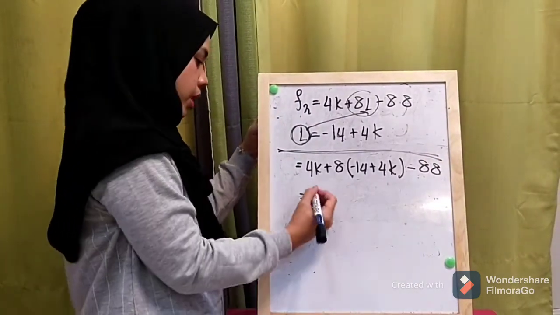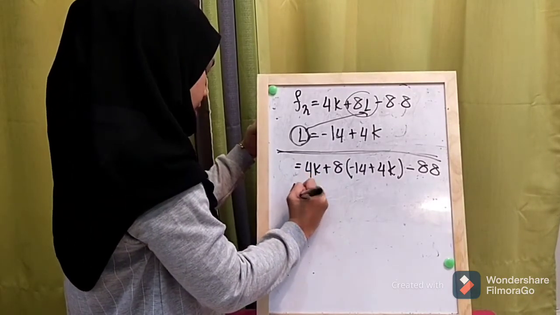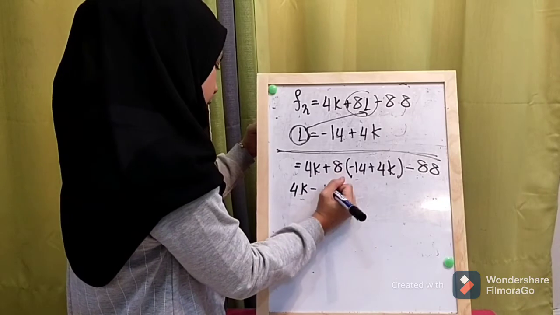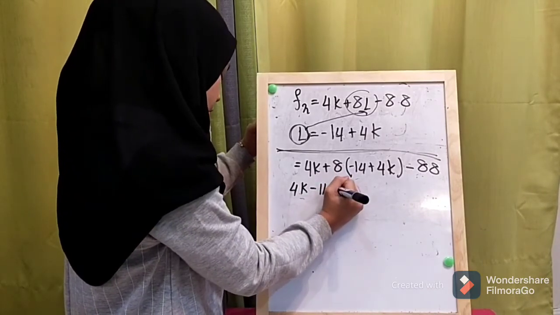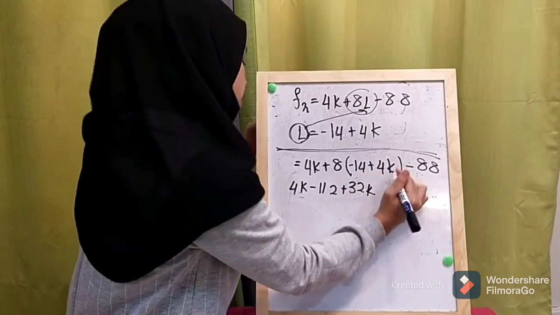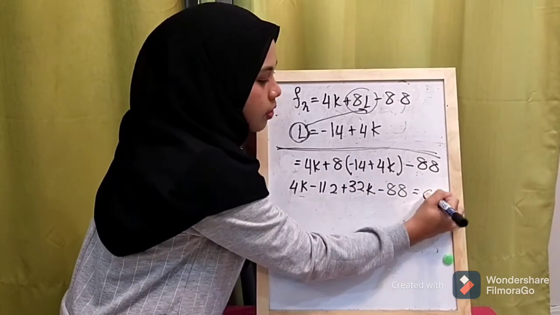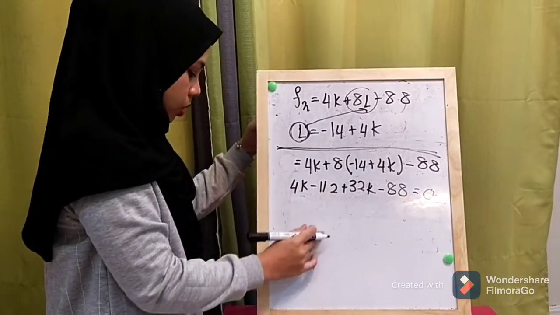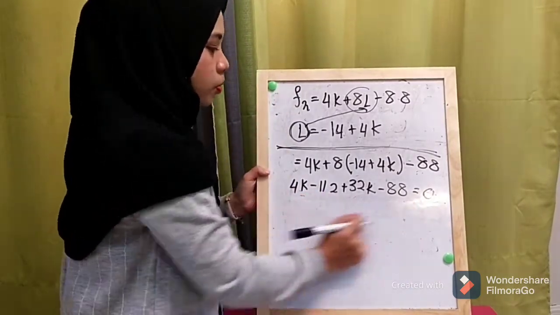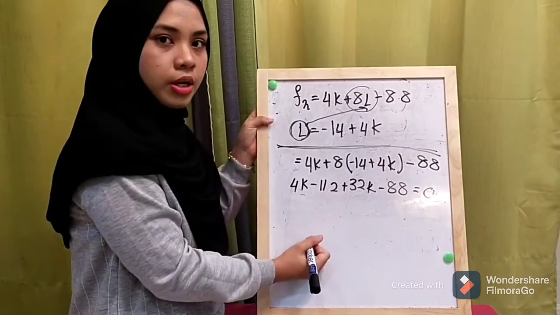From there we can get 4K, minus 112 plus 32K minus 88 equal to 0. Don't forget to set it equal to 0. So I'm going to solve it. We proceed with the same steps until we get the real number.